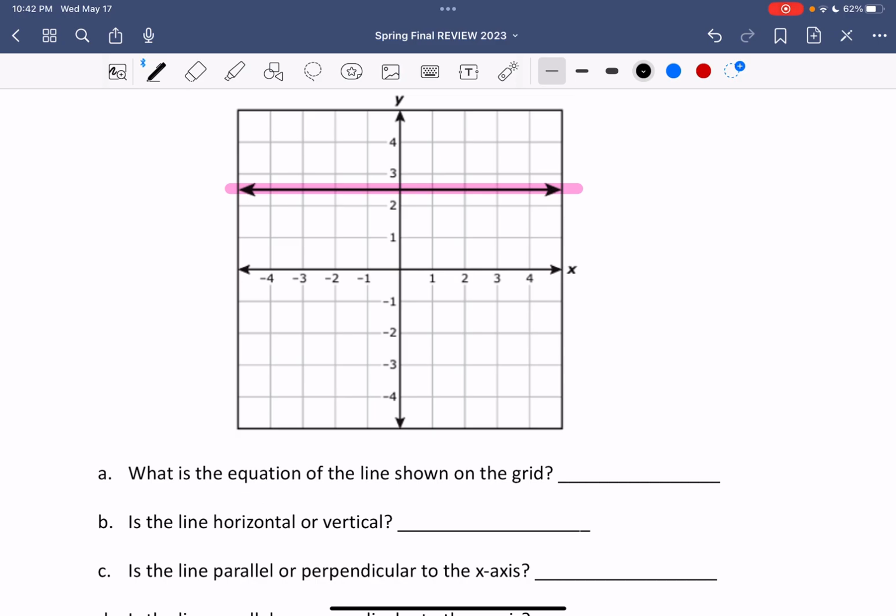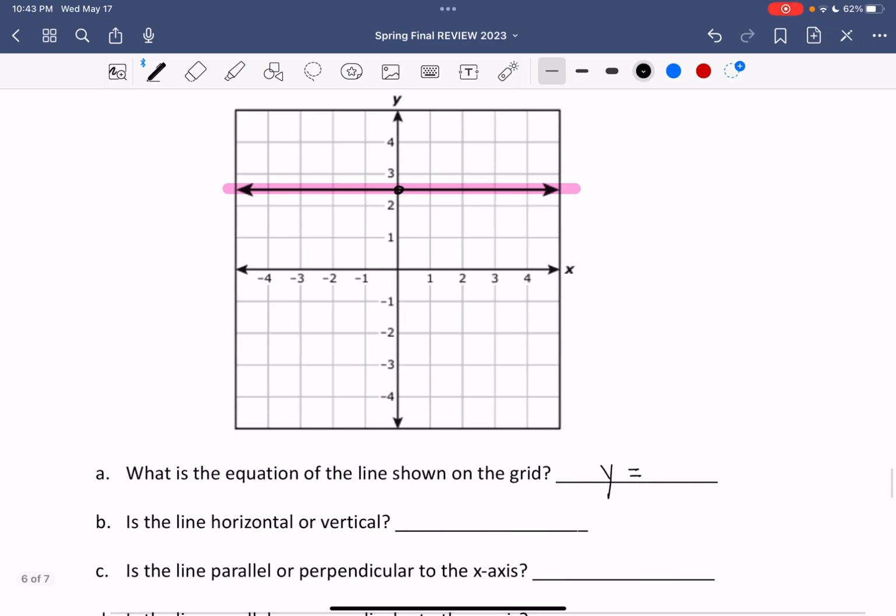So in this case, our line passes through the y-axis. So therefore, it is a y equals equation. Because it hits the y-axis, it is a y equals, and it's wherever it hits the y, like a y-intercept. Okay, so where it hits the y-axis. So in this case, it is 2.5.